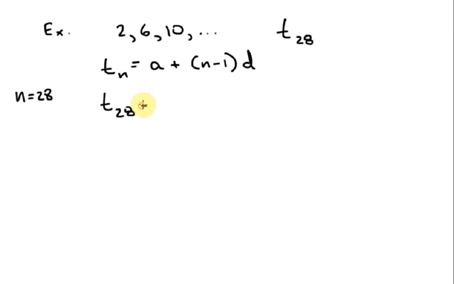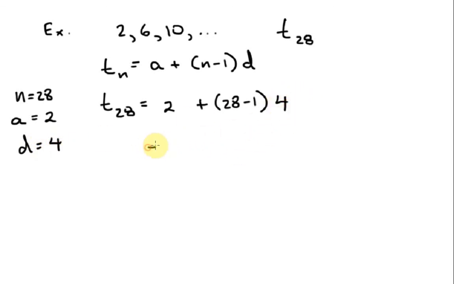So over here, that's going to be 28 minus 1. Now, let's have a look. What's our first term, A? Pretty obvious. It's 2. And what seems to be the common difference as we go from term to term? Well, I think it's positive 4. So all that's really left to do now is to evaluate this.